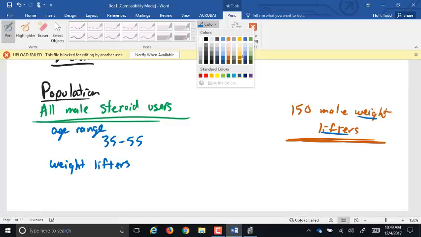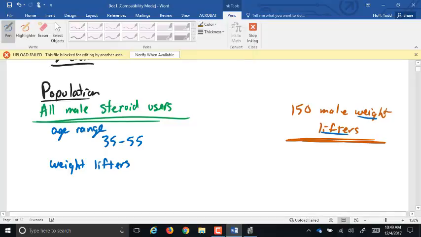So the actual population they're looking at here, the specific population that they ended up studying, even though they really did want to learn about all steroid users, they wanted to learn about the effects of steroids on the brain for all steroid users.